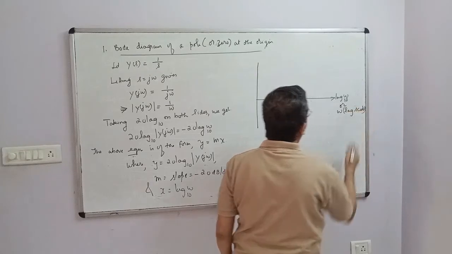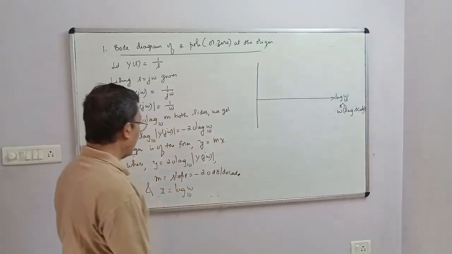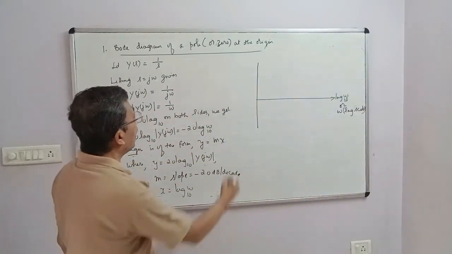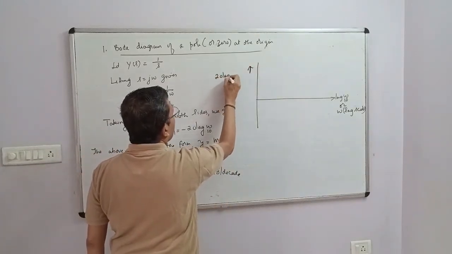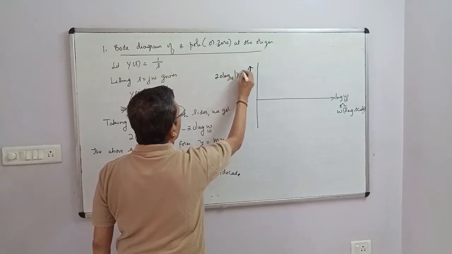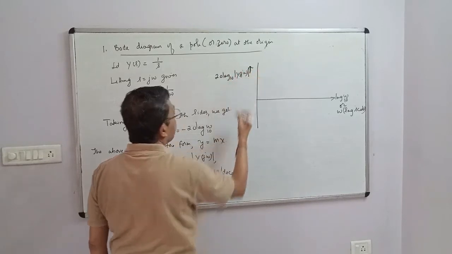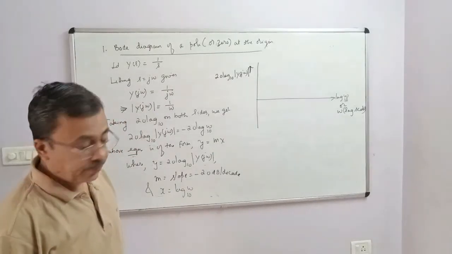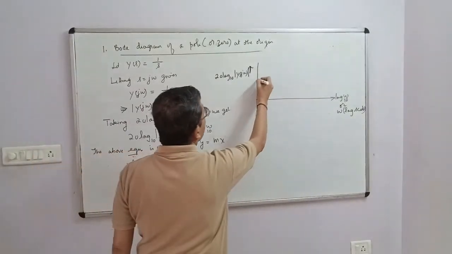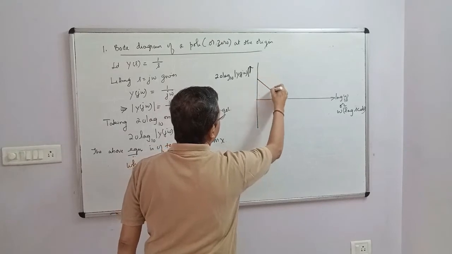Omega in log scale means it is log omega to base 10. So what is the y-axis here? Y-axis is 20 log to base 10 magnitude of y of j omega. So minus 20 decibels per decade is this straight line.